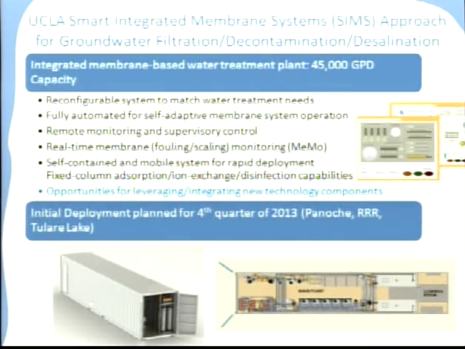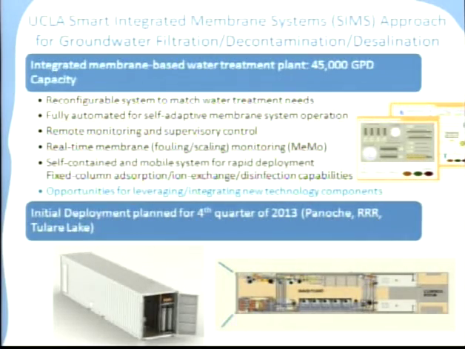So that particular system is on a trailer, and it's reconfigurable to match treatment needs. It is fully automated, self-adaptive, as I mentioned before, and controlled from afar. And I won't go into the details of all the monitoring that has gone into that system.